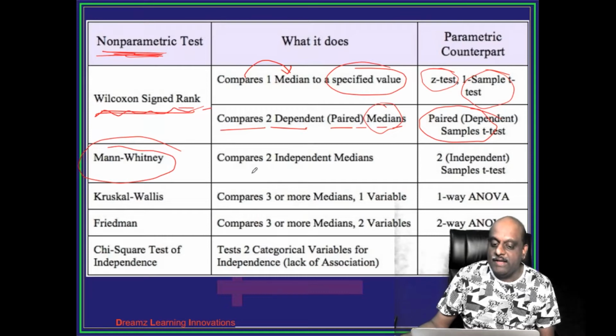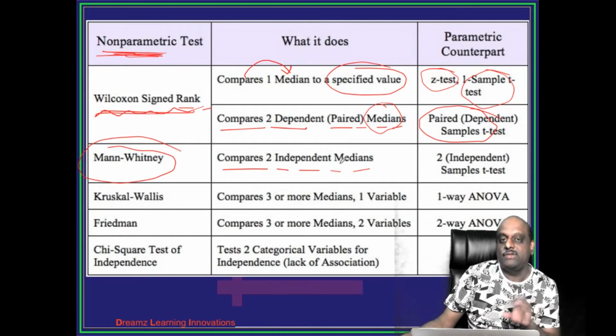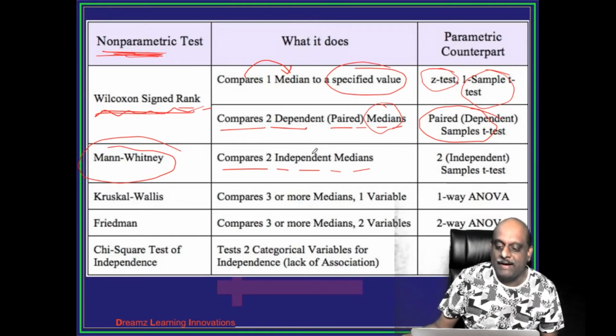Similarly, Mann-Whitney compares 2 independent medians. It is a non-parametric test.